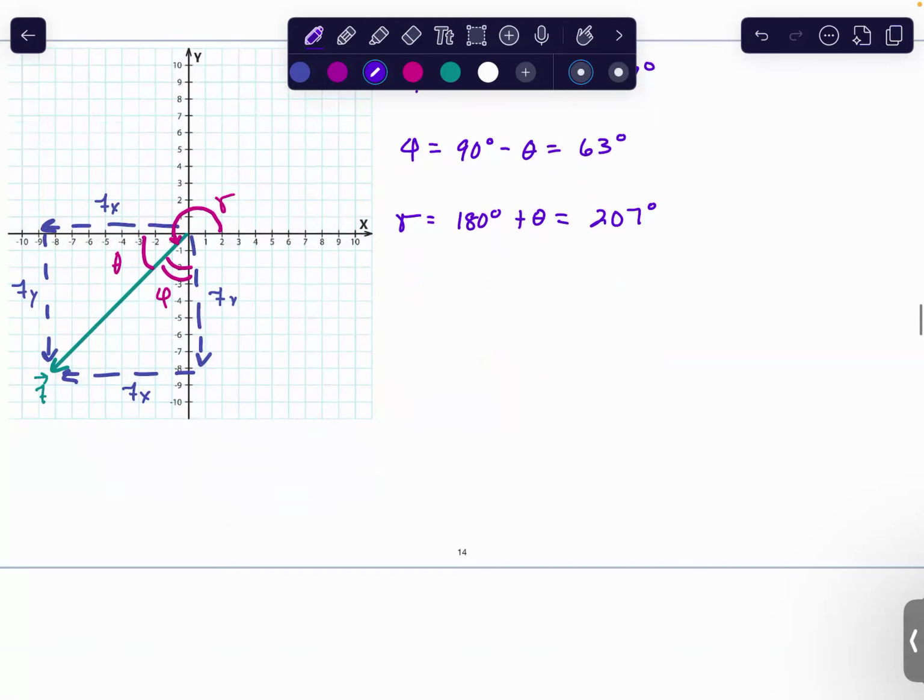All right, so let's look at this from the standpoint of theta. Okay, so here we see our x is adjacent, our y is opposite. So x is going to be the cosine and y is going to be the sine. When you calculate this, you'll get 7.13 newtons, but it's in the third quadrant. So it's going to have to be a negative 7.13 newtons.